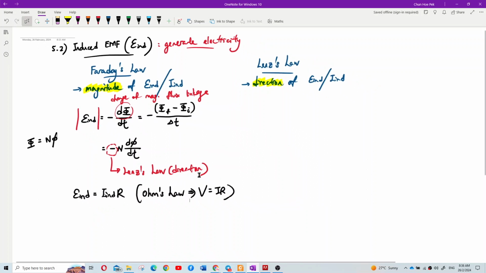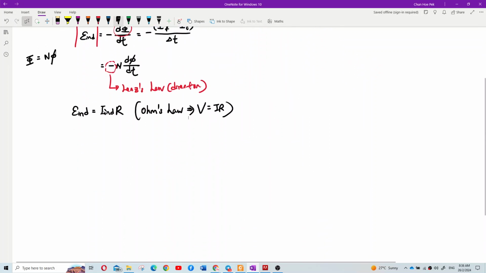Okay, look at this example. For example, I give a situation. Let's say you have a magnetic field.